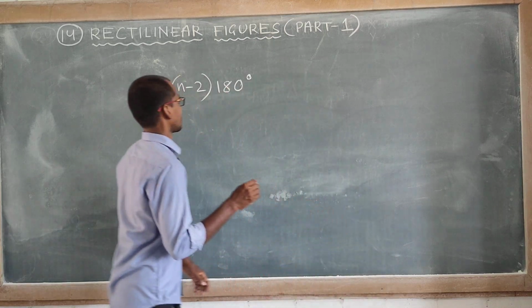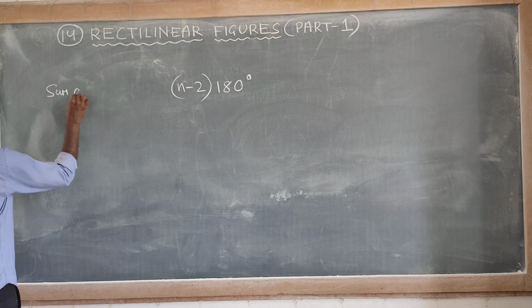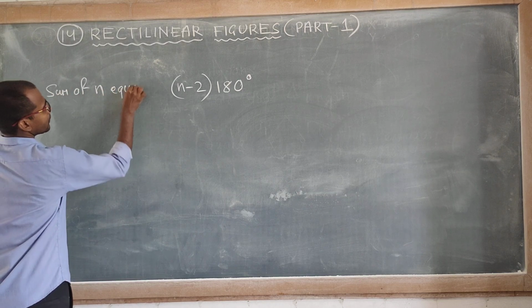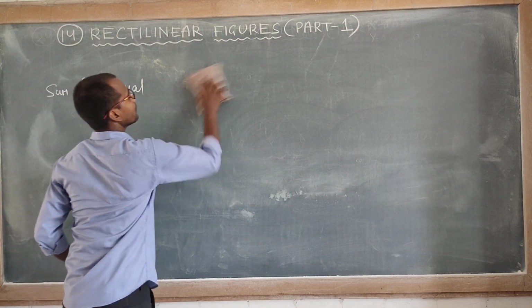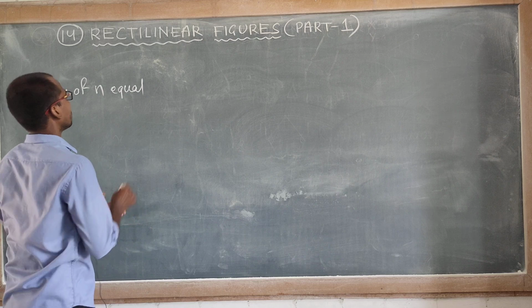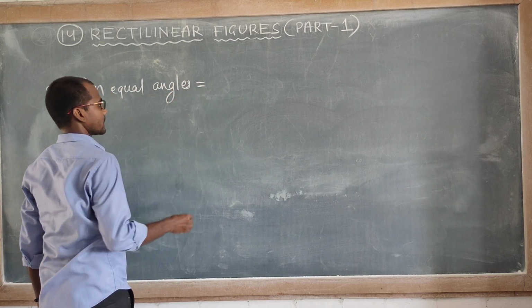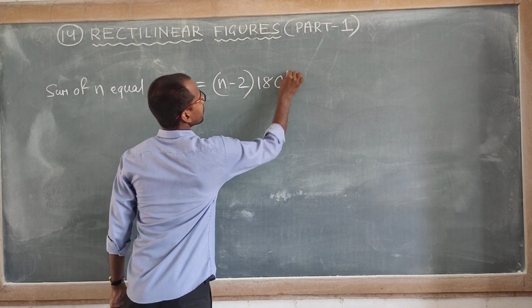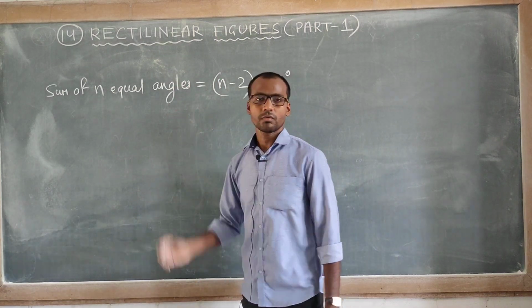So sum of n equal angles is n minus 2 into 180 degree.